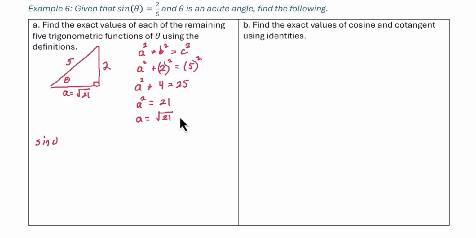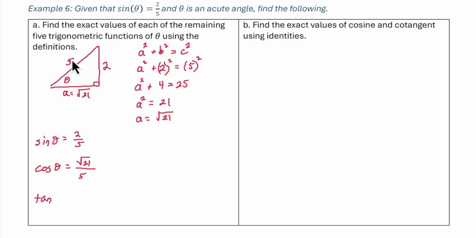Sine of theta, we are told in the directions, is 2/5. Let's find cosine theta next. Remember, cosine is adjacent over hypotenuse, so the adjacent side is square root of 21 divided by the hypotenuse, which is 5.